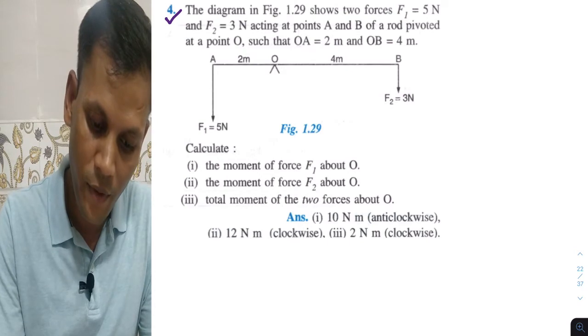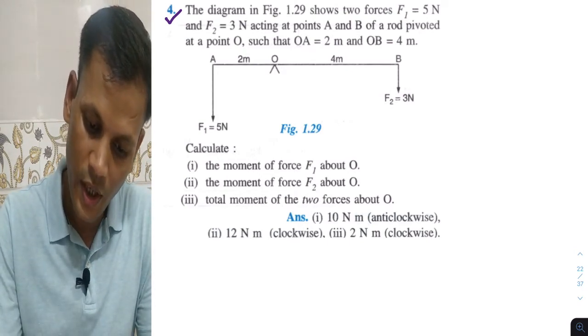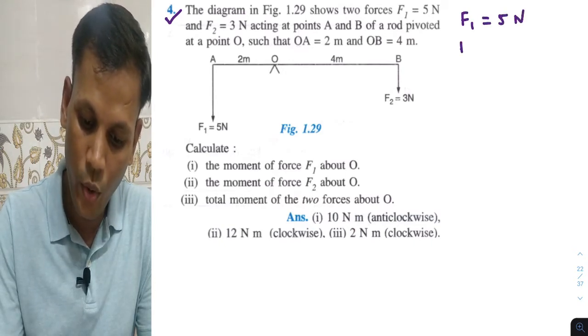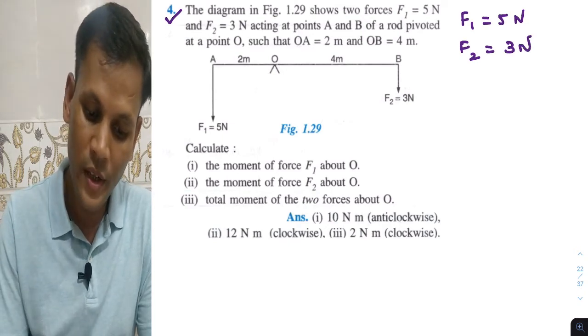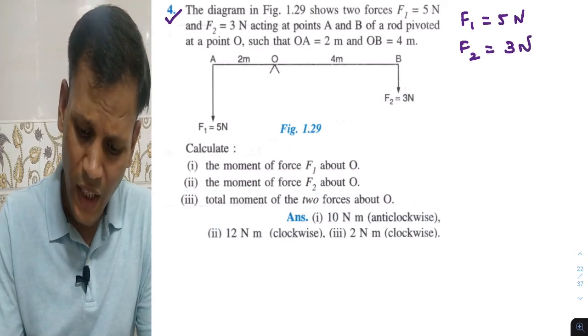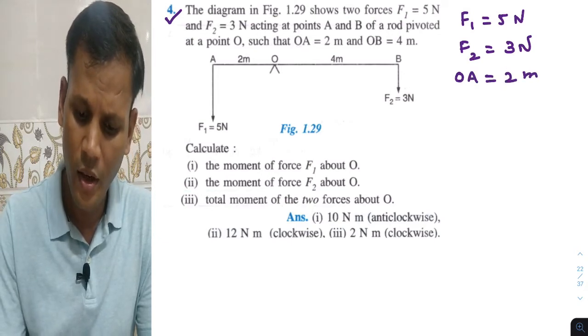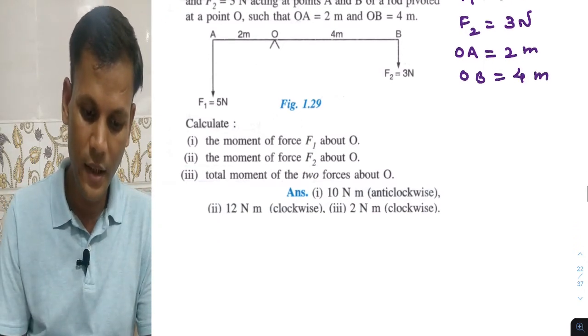So first of all we will write all the given information. Here F1 is 5 Newton, F2 is 3 Newton, and OA is 2 meter, OB is 4 meter. So the first part is here.